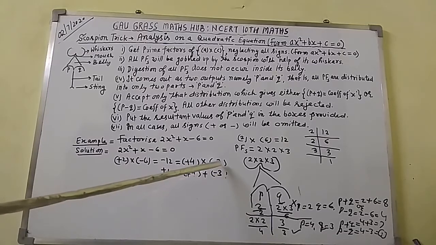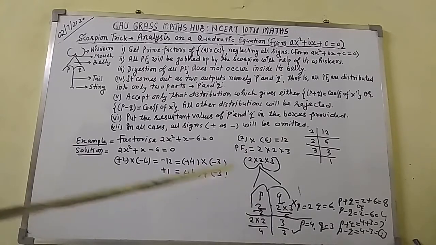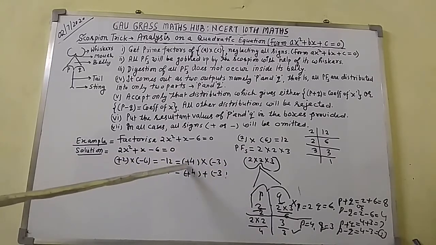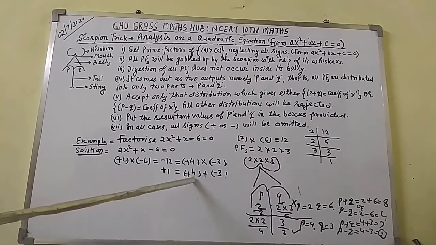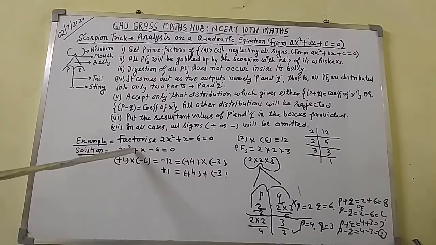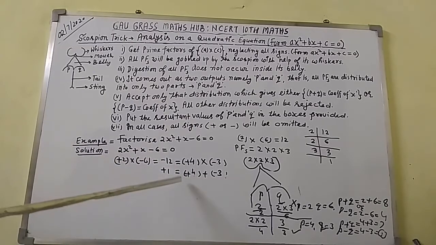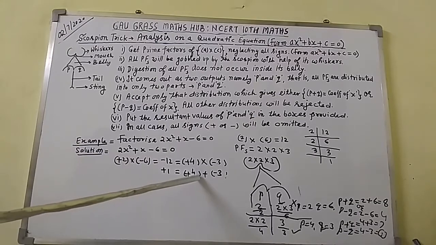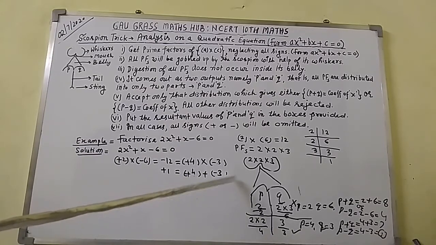In the second vertical column, here I have put minus 3, here minus 3 will come. This is the condition. Now you can see here, the middle term plus x can be easily split into two terms, plus 4x plus minus 3x.